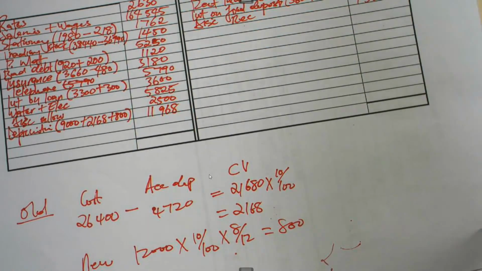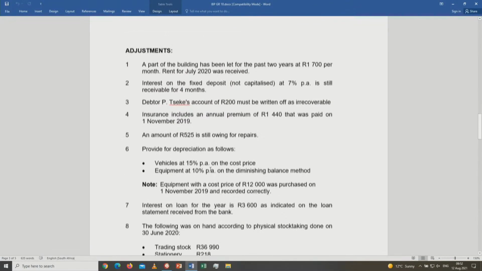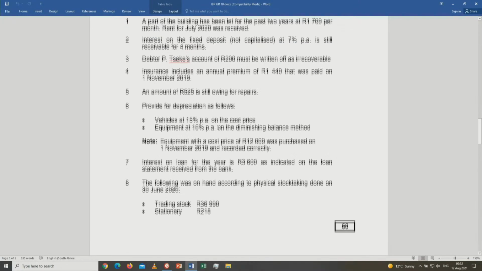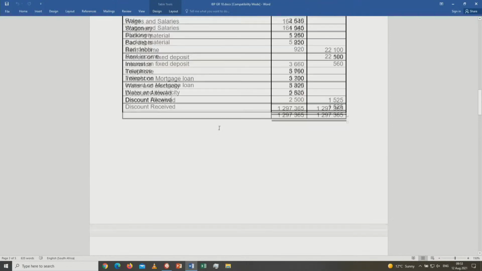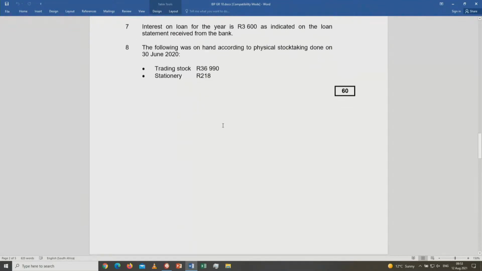Right. So now I think let's go to our trial balance. Everything is captured. So now once we have arrived at the end of our adjustments, and we took the amounts from the trial balance that were not addressed by our adjustment, now we can close off our profit and loss account.